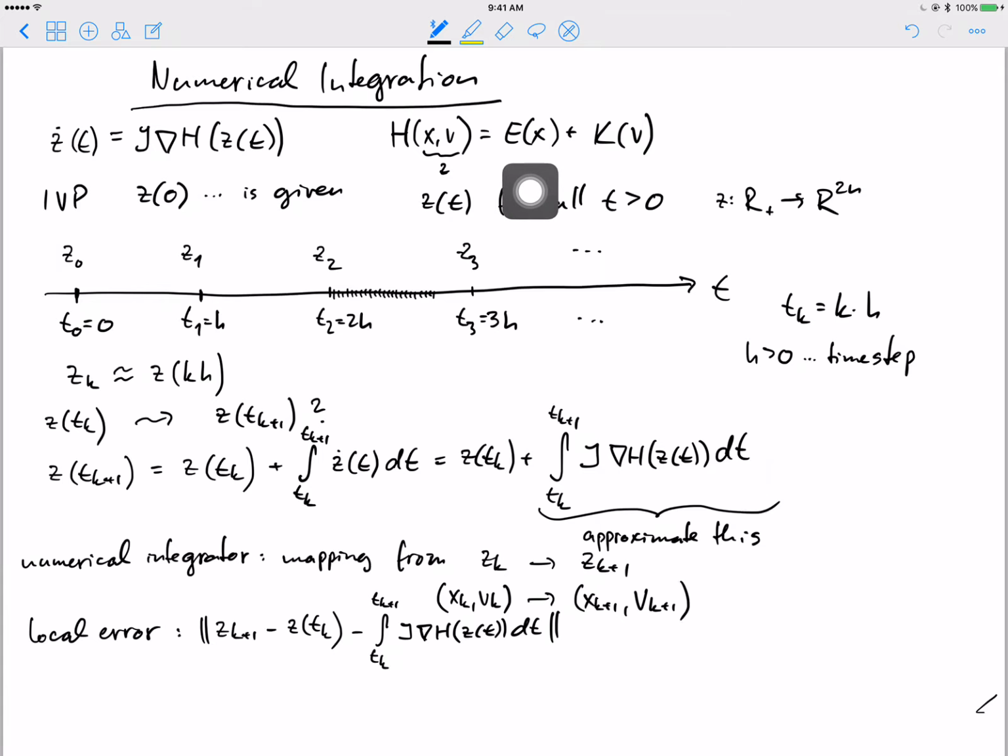So the integrator is, think about it as a function which you give the Hamiltonian, and you give it the time step, and you give it the initial conditions, and it computes the approximate solution for the z of t_{k+1}, okay? So the way you can test an integrator, and I think Dimitar did some of this analysis last week, is that you run it on some Hamiltonian where you do have the analytical solution.